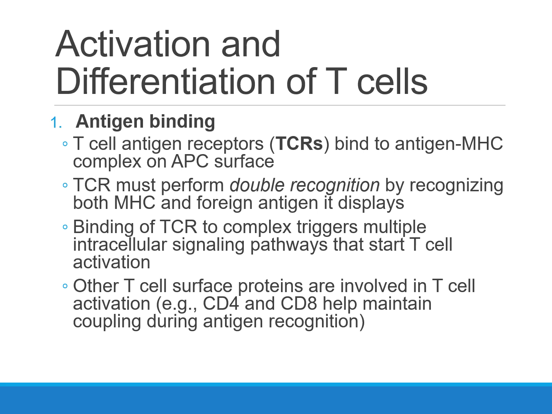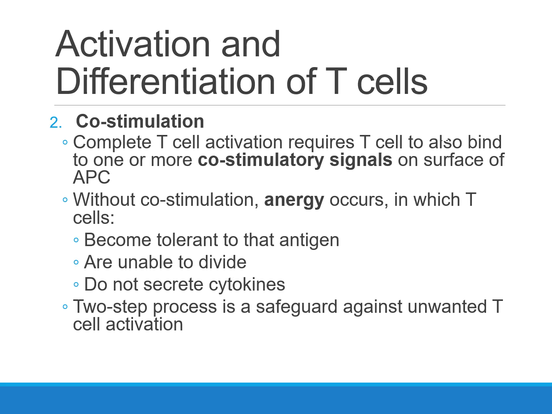Binding of the TCR to the complex triggers multiple intracellular signal pathways that start the T cell activation. Other T cell surface proteins are involved in this. For example, CD4s and CD8s help maintain the coupling during this recognition period. So the first thing that has to happen is it has to bind and recognize that there is antigen inside the cell. Then co-stimulation has to occur.